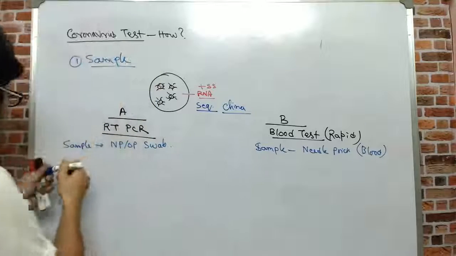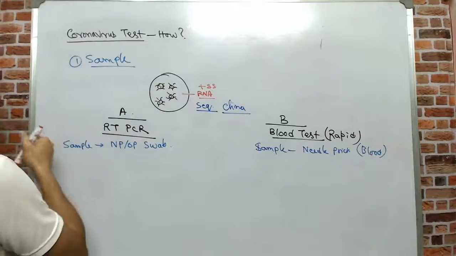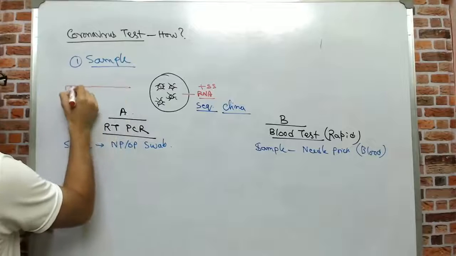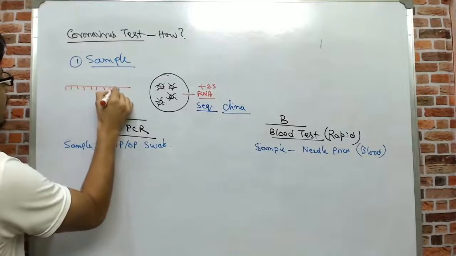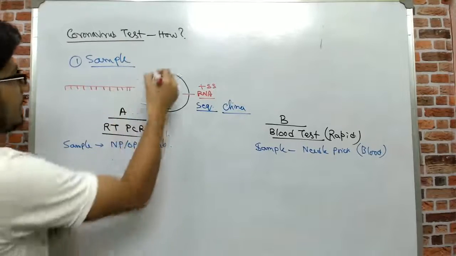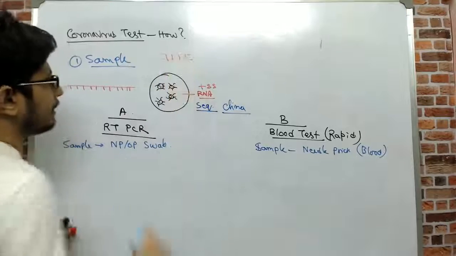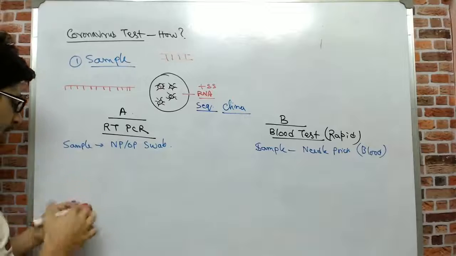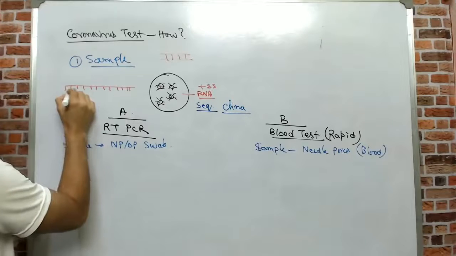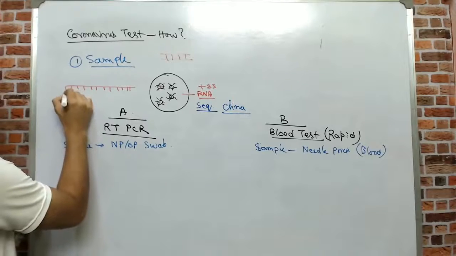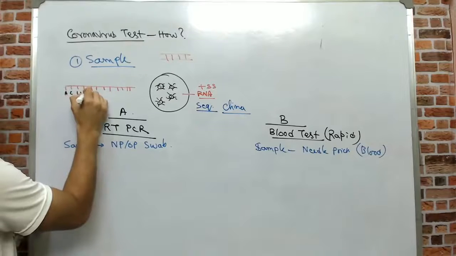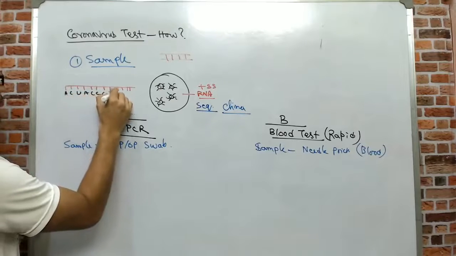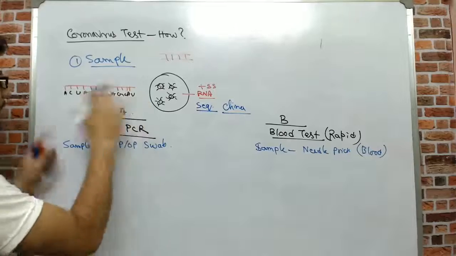So let me draw a hypothetical sequence here. This is, let's say, the RNA. RNA is a single strand like this, and DNA is always double stranded like this, like a ladder, but RNA is a single strand. So for this RNA there are multiple sequences, different structures, either with A, C, U, A, C, C, G, A, G, C, A, U, for example, something like that.